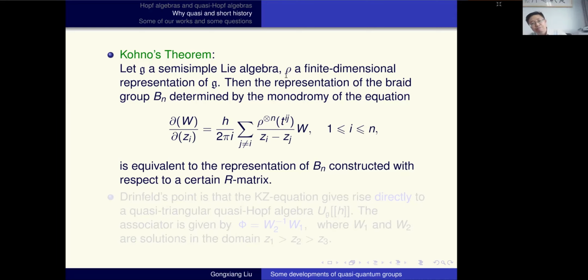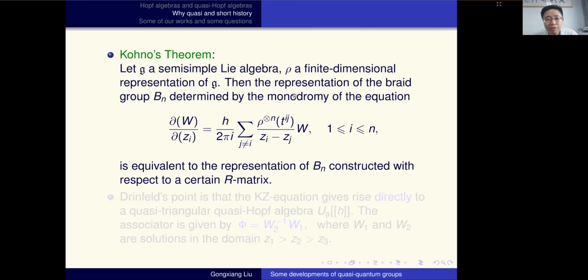Drinfeld is a master of the universal R-matrix, and is also a master of quantum groups. I think Drinfeld wanted to give a direct understanding of the Kohno theorem.